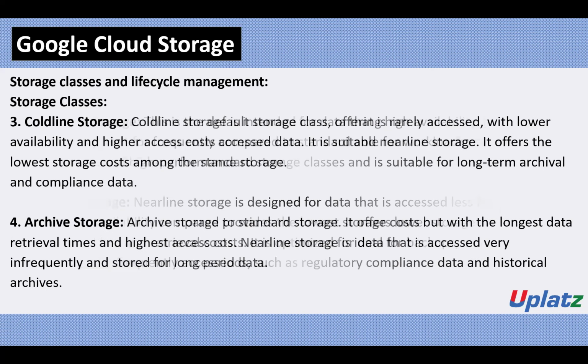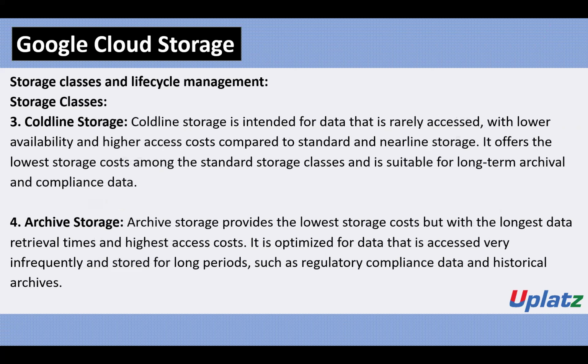Got it? Next storage class is coldline storage. Coldline storage is intended for data that is rarely accessed with lower availability and higher access cost compared to the standard and nearline storage.